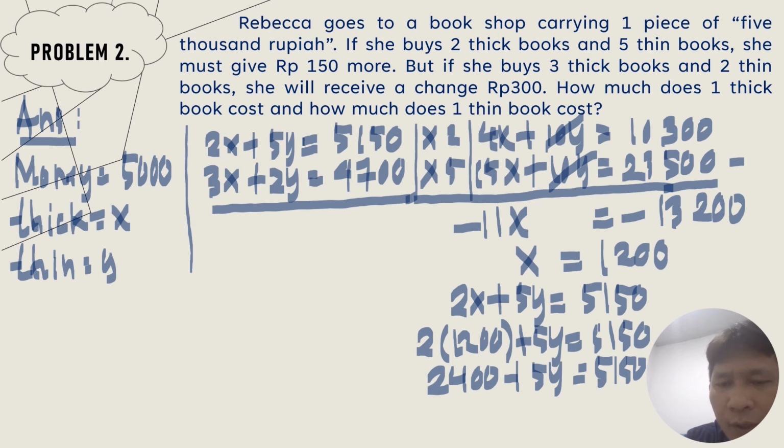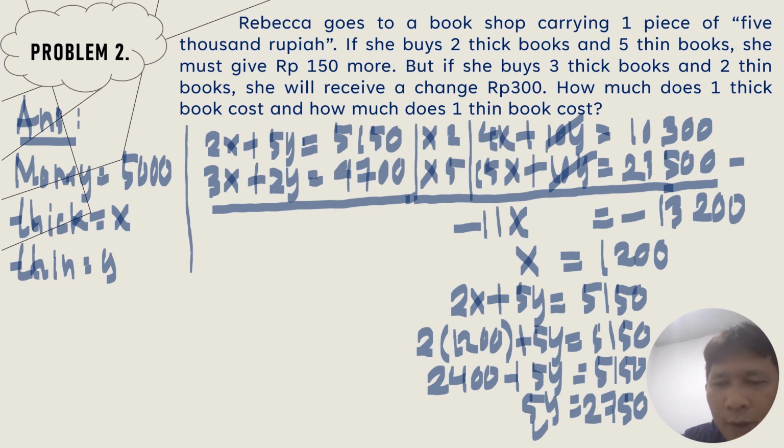So 5y equals 5,150 minus 2,400, so equals 2,750.